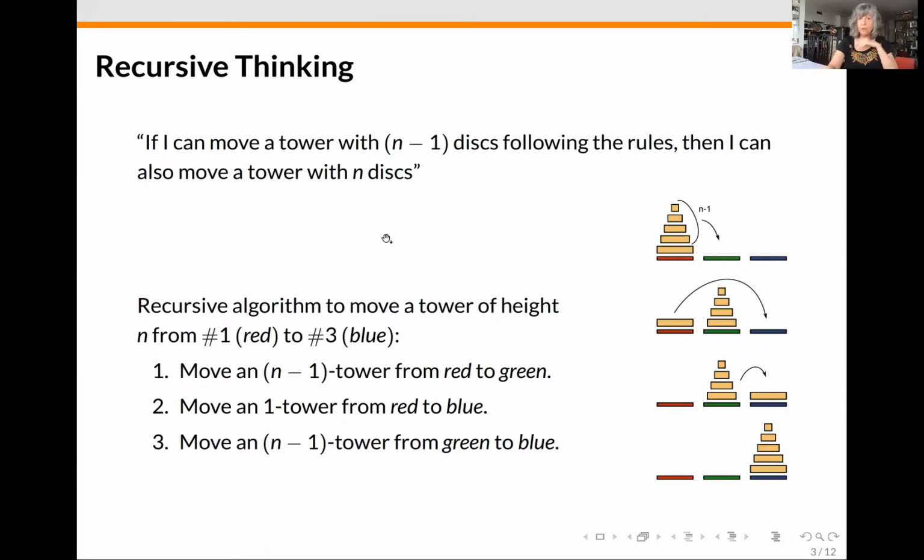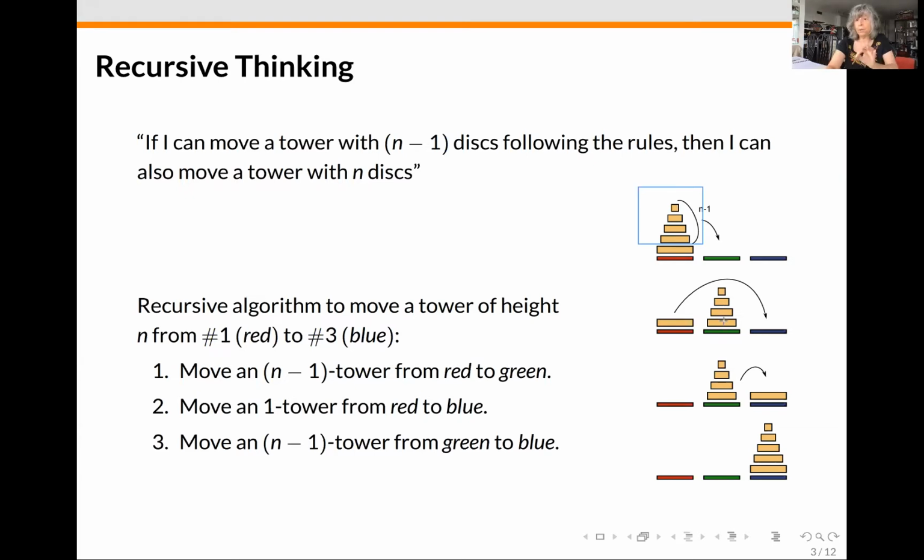The proof is here visual. It basically says, first of all, we move the n-1 tower, which would be in the little picture here. That tower we have is this one in the top. So we move this n-1 tower from the red peg to the green peg. That's step number 1.